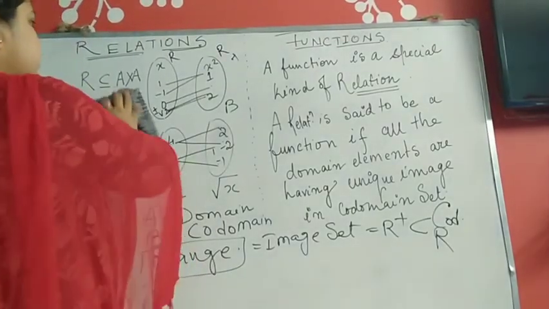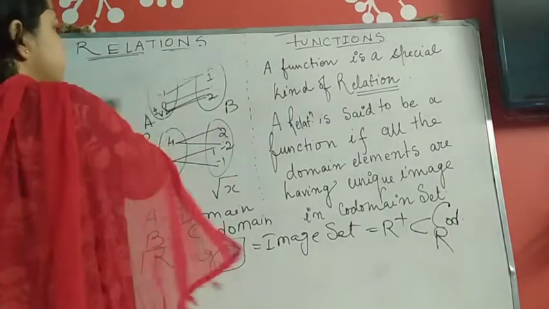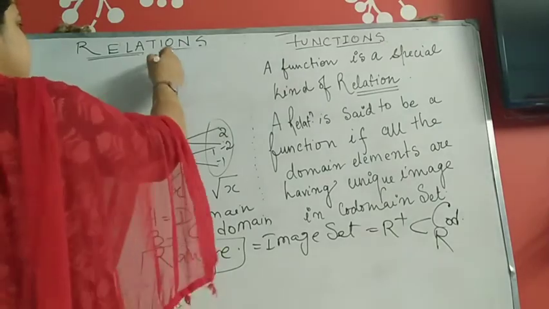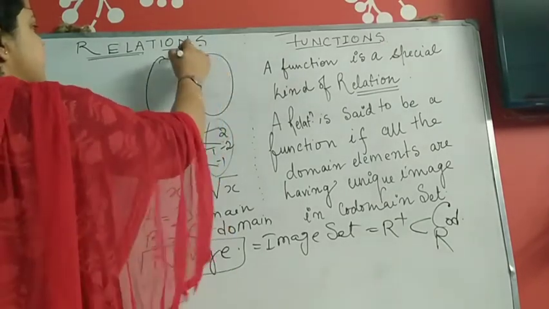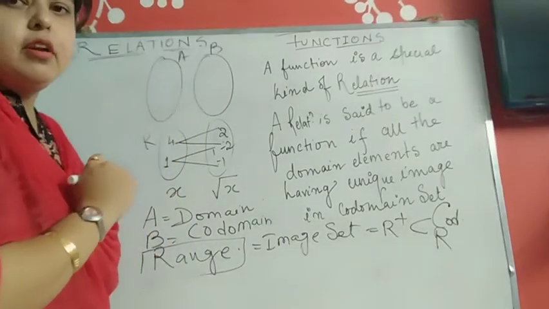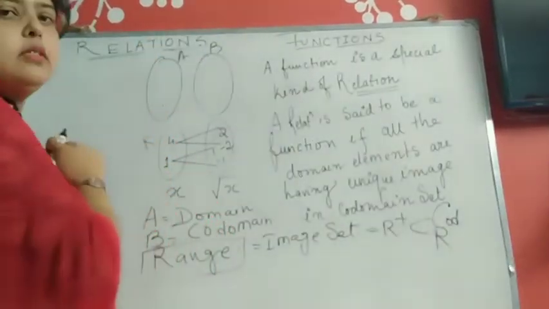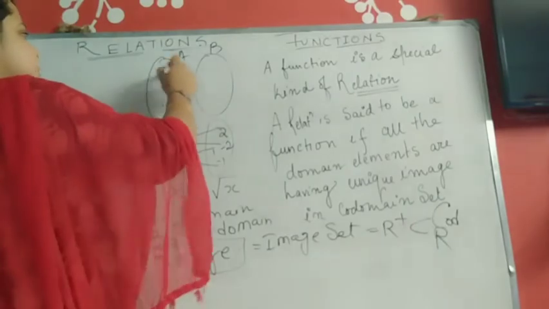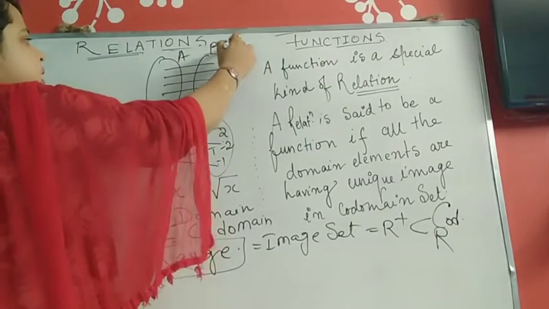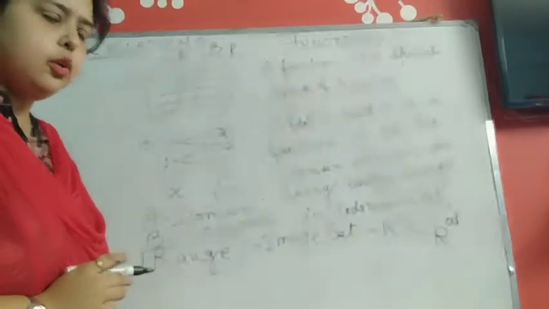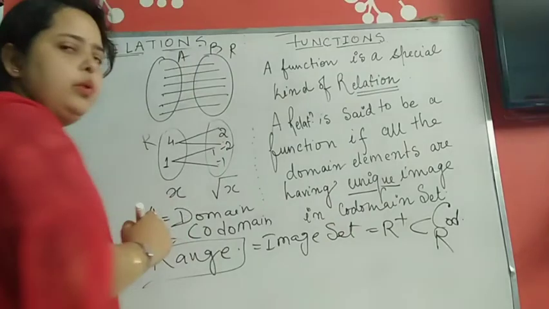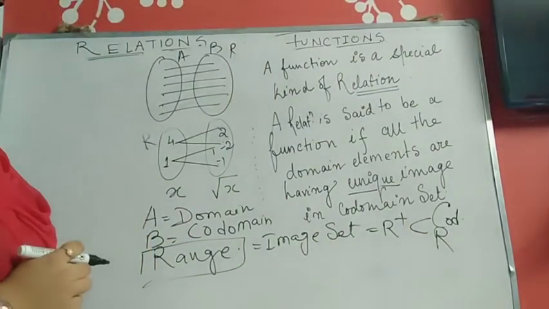That means if I'm going to write down that this is a set A and this is a set B, if there are 1000 infinite also elements in set A, these are domain elements, I must have an image in the codomain set B. Understood?